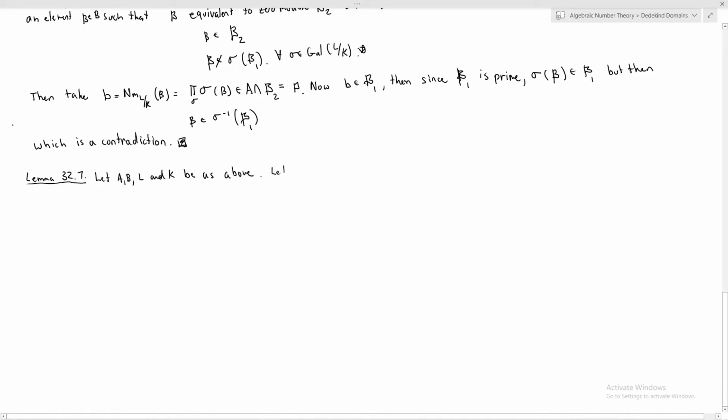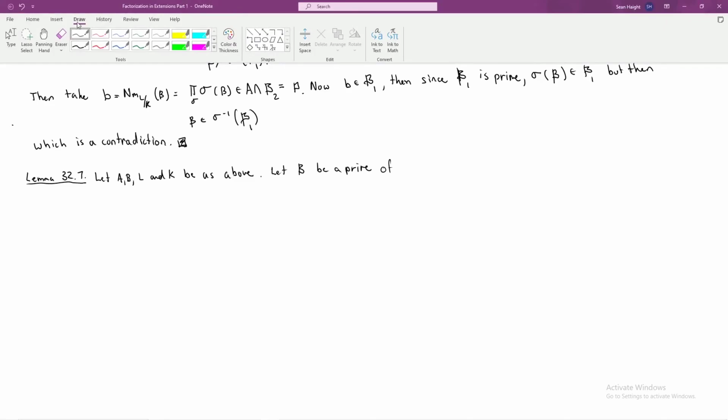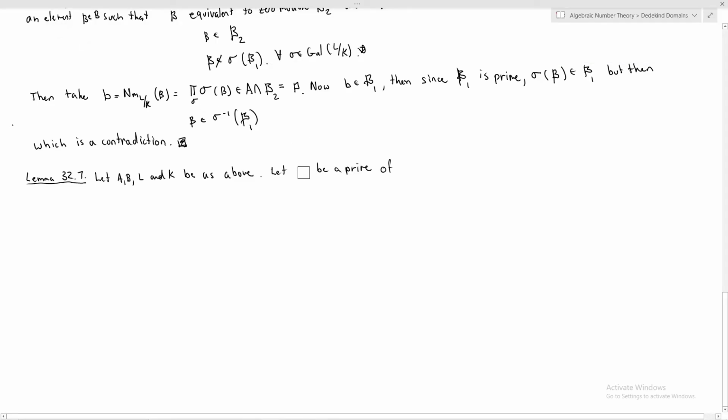So I'm going to let P be a prime of B over a prime P of A. I always keep calling these things betas, but really they should be P's.